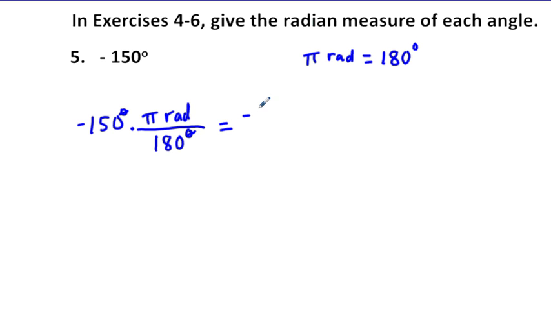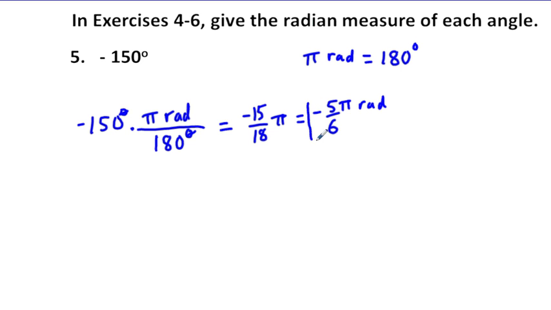and negative 150 over 180, and we're just going to do it the slow way. 15 over 18 pi radians, which is going to simplify to negative 5/6, or negative 5 pi over 6 radians. I'll put RAD for radians.